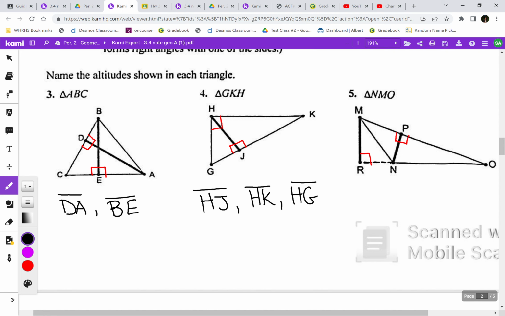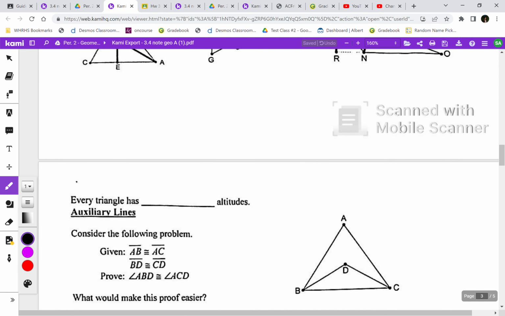So the reason that 4 is an altitude is because KH is an altitude because K is a vertex. It goes to the opposite side and makes a right angle. GH is an altitude because it starts at G, goes to the opposite side, makes a right angle. So sides of a triangle are allowed to be altitudes as well. So every triangle has how many altitudes? 3.